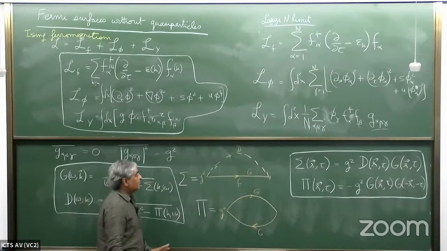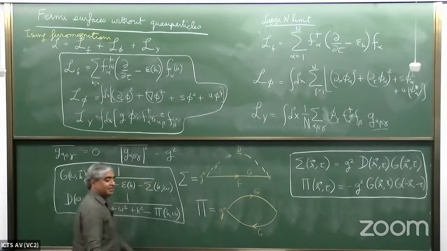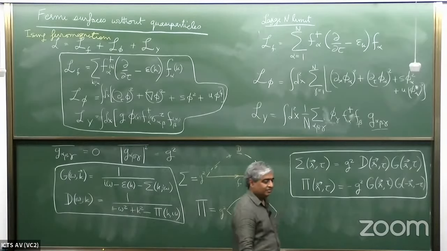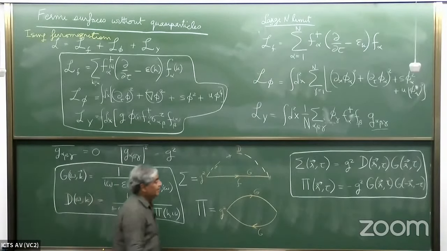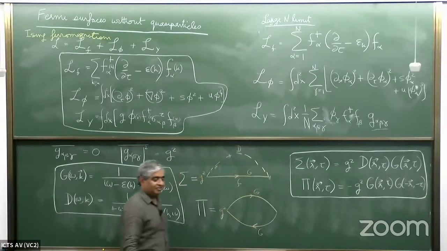But my claim is that these two graphs have the essential physics, even for a non-abelian gauge field in the presence of a Fermi surface, because that's a deconfined state in the sense of the low energy singularity. And you'll see that the value of G squared is going to drop out of a lot of interesting things.